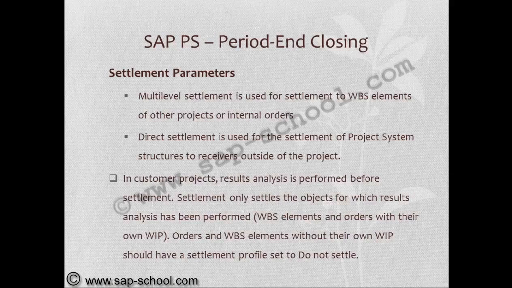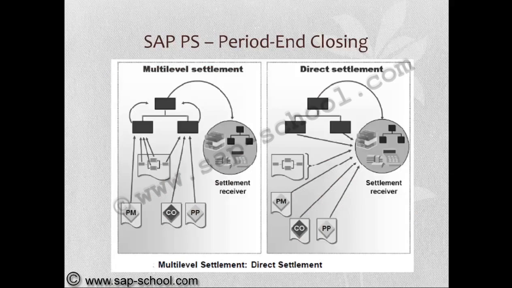In customer projects, result analysis is performed before settlement. The settlement only settles the objects for which results analysis has been performed. Orders and WBS elements without their own work in progress should have a settlement profile set to do not settle.